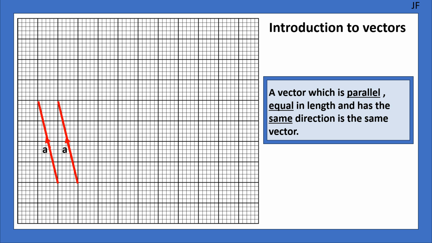A vector which is parallel, equal in length, and has the same direction is the same vector.